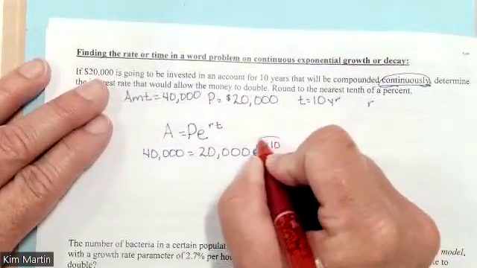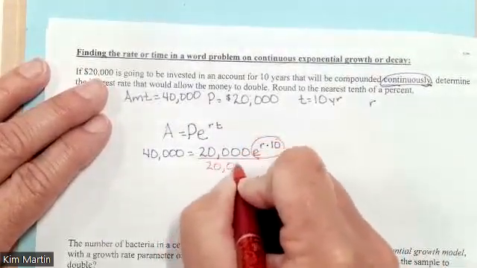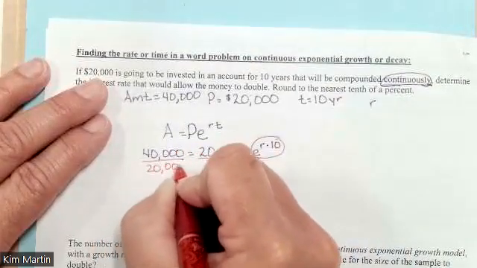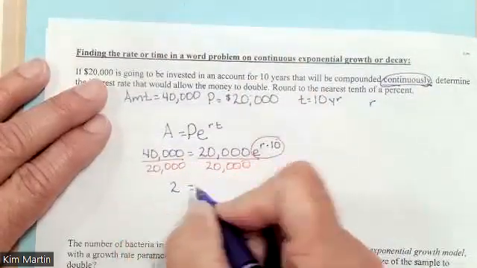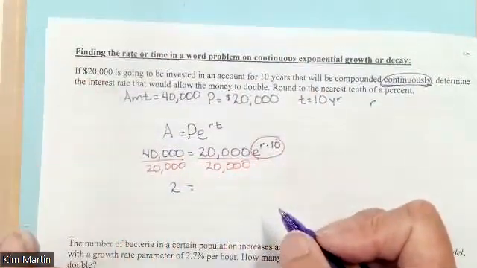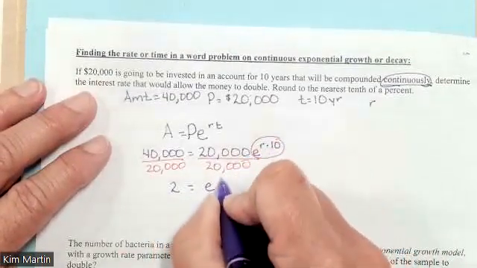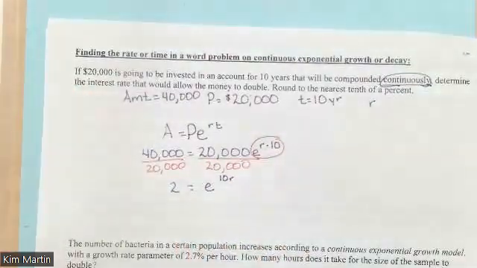So we've got to isolate this. So we're going to divide by 20,000. And we get 2 because it doubled, right? If it was tripled, it would be 60,000 and we get 3 equals E. And I'm going to turn this around and put 10R instead of R times 10, because I don't like it written R times 10.